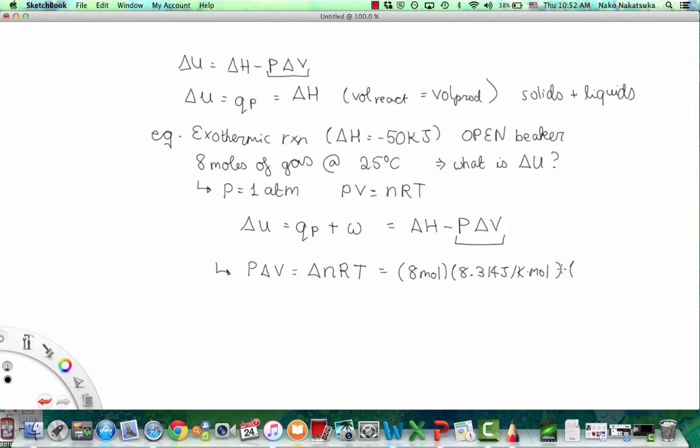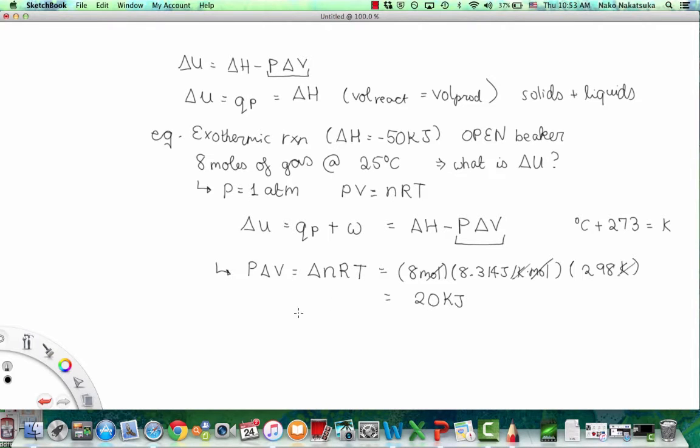And the temperature is given to us as 25 degrees Celsius, but due to the nature of the units of the gas constant, we're going to convert it to kelvins. So going from degrees Celsius to Kelvin, you add 273, and so it's going to be 298 Kelvin for 25 degrees Celsius. When you multiply this out, we're going to end up with units of joules, which is good, and we get 20 kilojoules.